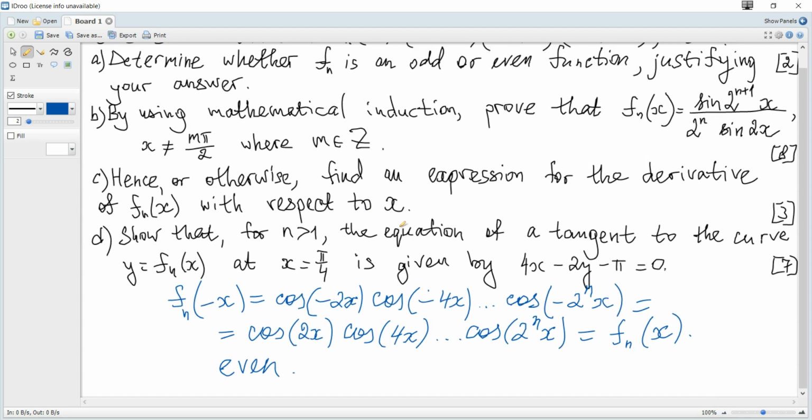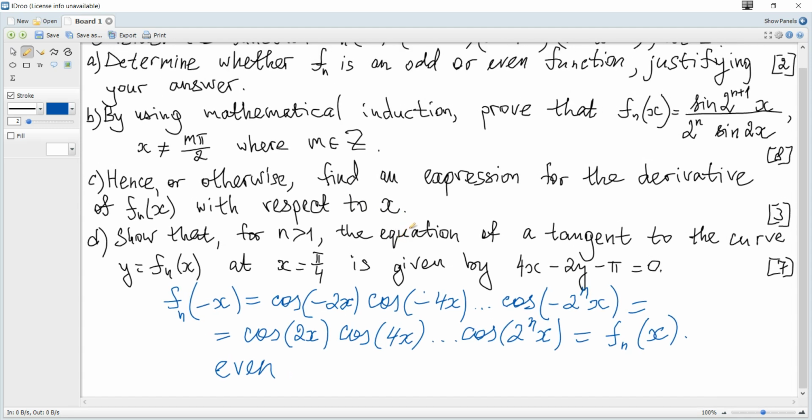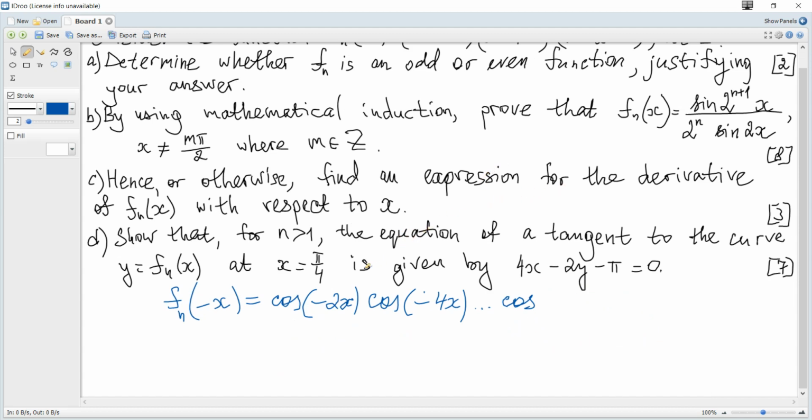The next, by using mathematical induction, prove that f_n of x is equal to the given expression.